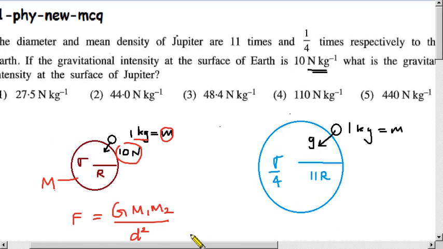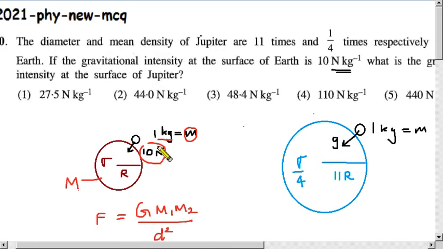Here it was 10. Normally we write 10 as the gravitational acceleration, in m s^-2. Normally we use these units, but here the units are different.